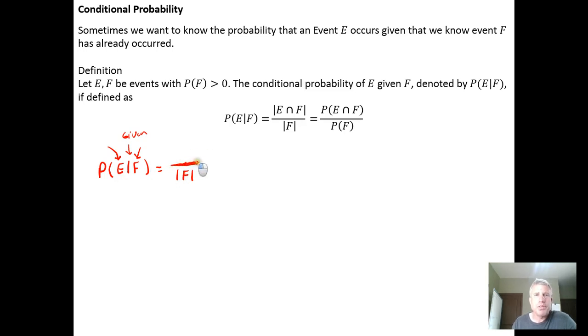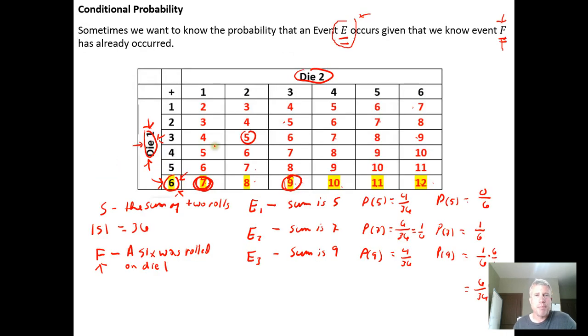And what we need to know is how many of E occur in the sample space generated by F. So the number of items in our event E that occur in that new sample space is just going to be the intersection between the event E and the new sample space F. In other words, when we wanted a 7, the only 7 that we could get was in the intersection of the sum is 7 and a 6 was rolled first. The 7s outside of that intersection, those are all 7s that are not possible to get.